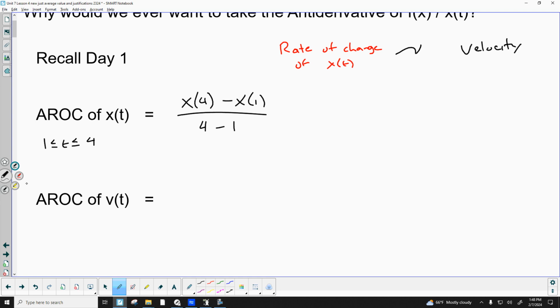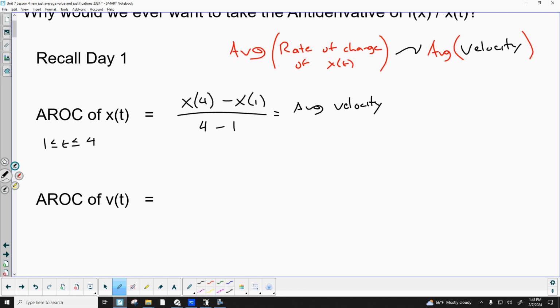Well, if we are calculating an average rate of change of position, I'm actually calculating an average velocity. So this calculation right here is an average rate of change of position, but it's also an average velocity because they're synonymous.